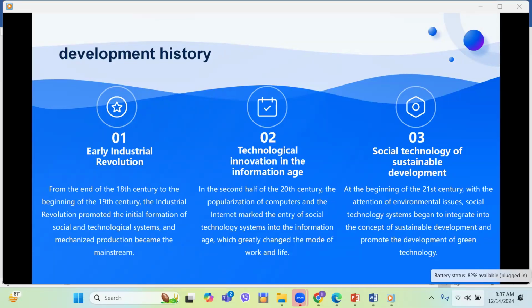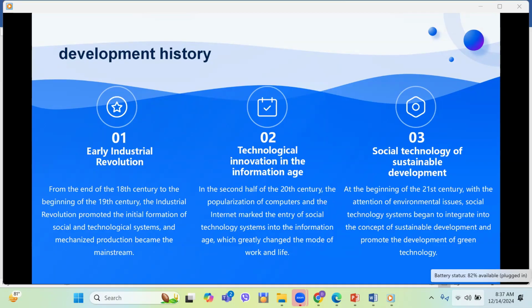In the second half of the 20th century, the popularization of computers and the Internet marked the entry of social technology systems into the information age, which greatly changed the mode of work and life.